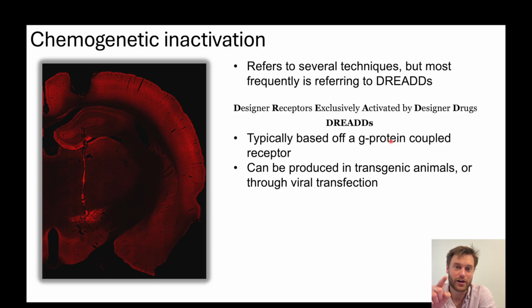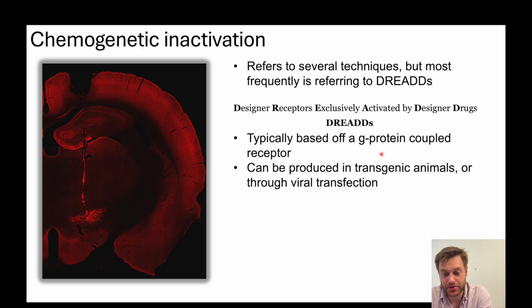But the important part is that when you activate that protein, so when you have a ligand that binds to it, the G protein on the inside becomes decoupled and goes off and has some downstream effect, right? It could either hyperpolarize or depolarize the cell. Hyperpolarizing meaning getting it away from an action potential, making the cell more negatively charged, whereas depolarizing means producing an action potential or making the cell more positive.